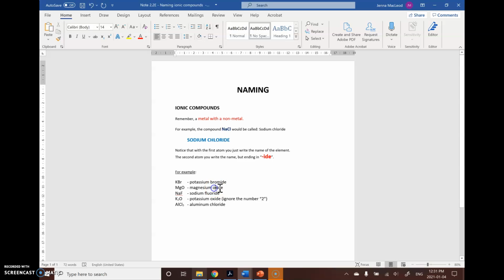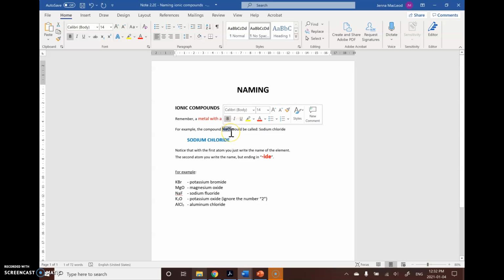Magnesium oxide, sodium fluoride, potassium oxide, and aluminum chloride. You name it this way when you have a metal and a non-metal. So you always have to check what the chemical formula looks like. This is a metal, it's on the left side of the periodic table, and chlorine's on the right side, so it's a non-metal.